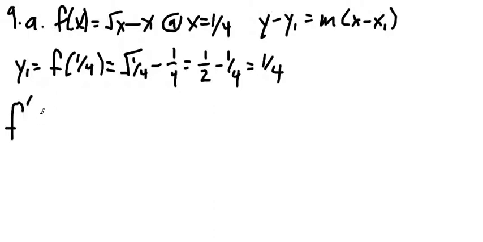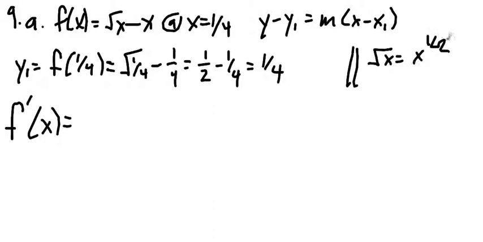So I'm going to take the derivative of f. First, let's recall that a good way of taking the derivative of a root is to rewrite it as a power. So let me just do that off to the side. The square root of x is equal to x to the 1/2. So I can apply the power rule here, and I get 1/2 times x to the minus 1/2 minus 1.